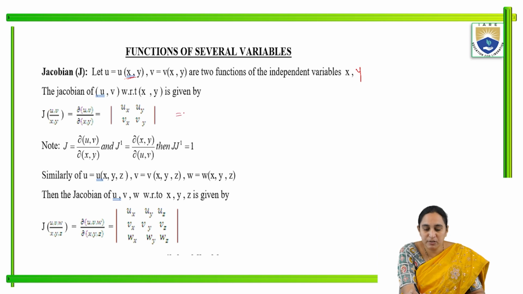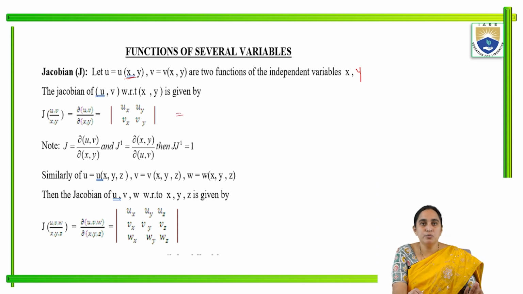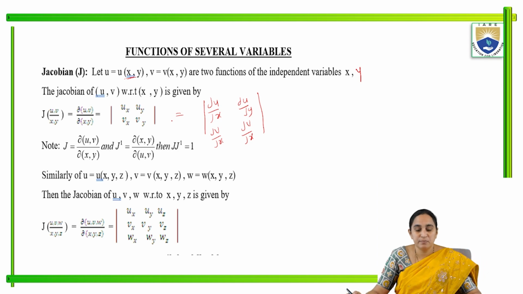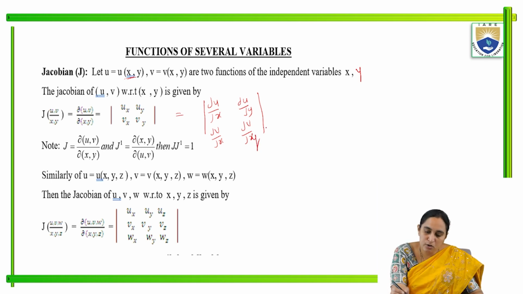This is the formula for the Jacobian of two variables, that is, the determinant with first row dou u by dou x, dou u by dou y, and next row dou v by dou x, dou v by dou y.